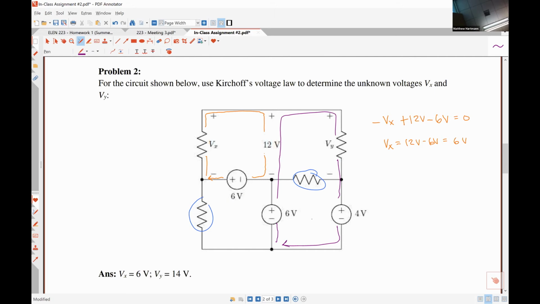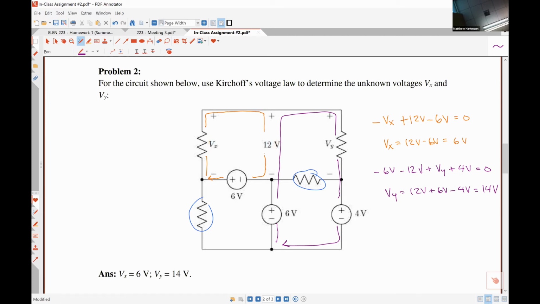If I start from the bottom left-hand corner, as I did in the last one, I would have negative 6 volts minus 12 volts plus, sorry, forgot the V, plus Vy plus 4 volts is equal to 0. So Vy is going to equal 12 volts plus 6 volts minus 4 volts, which is 12 plus 6 is 18, minus 4 is 14 volts.